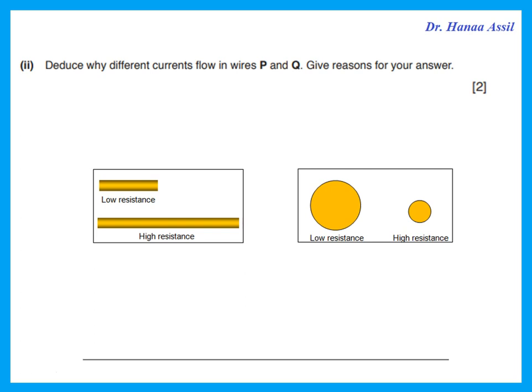Or one of them could have a bigger cross section than the other, and the one that has the bigger cross section will allow more current because it has less resistance. But he said that P and Q have the same length, so the difference between them must be that one is thicker than the other. So the one that has more current flowing through it is the thicker wire because it has less resistance.